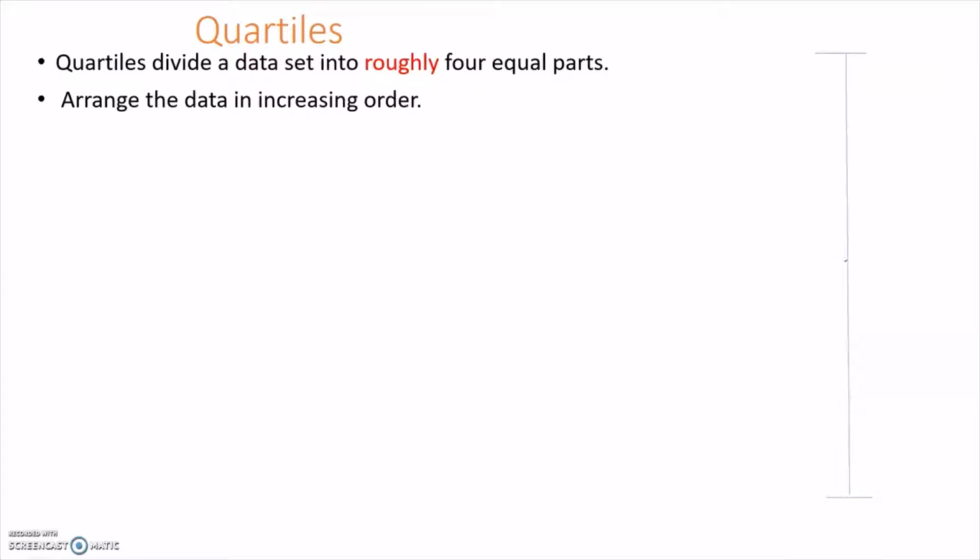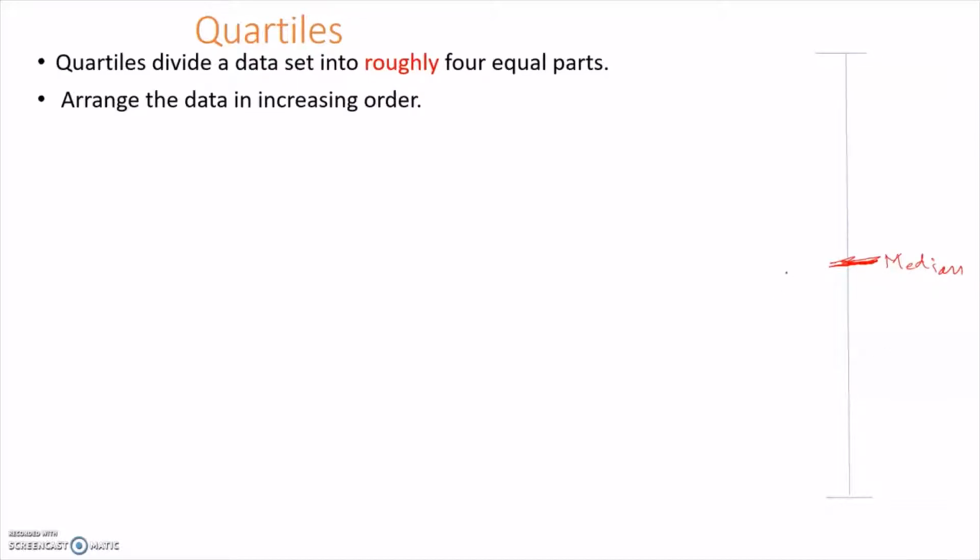What is the median? Median is a value which divides our data set into 2 equal parts, right? This is our median, and it divides our data set into 2 equal parts.